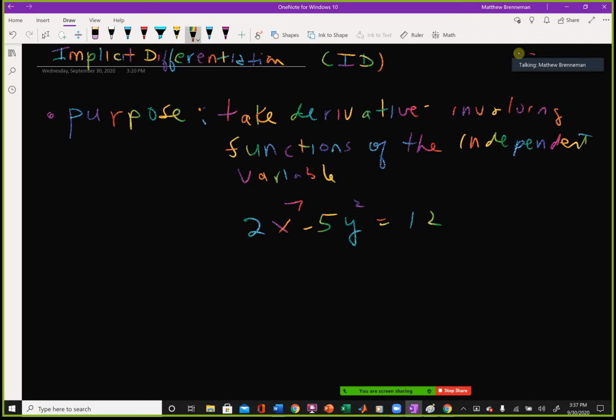You have x, which is generally thought of as the independent variable. But you have y, which is a dependent variable. In other words, it's a function of x. We're thinking of y as depending on x, right?